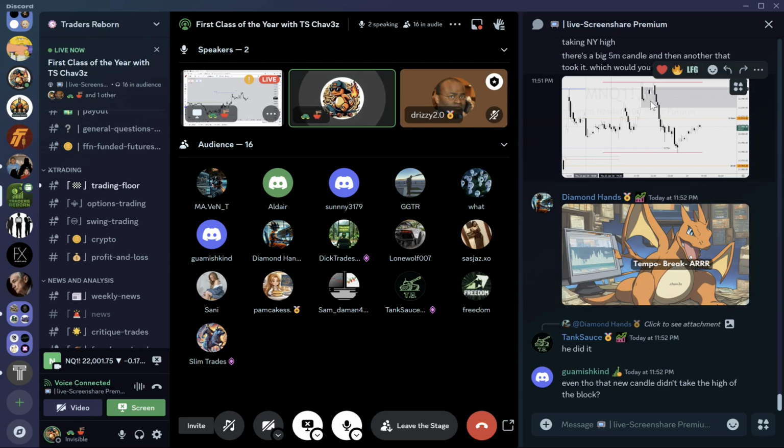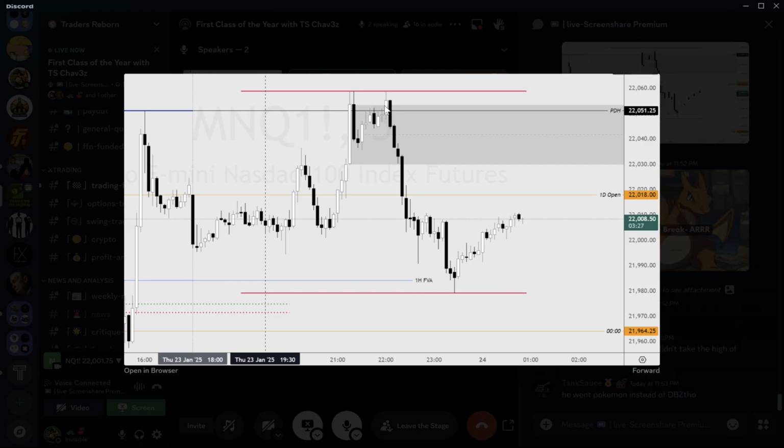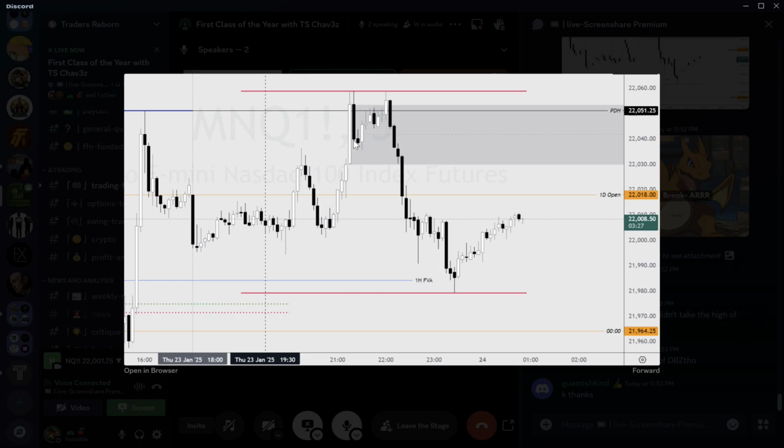Yeah, because that's the highest body. Remember, according to ICT, the bodies tell you the story, and the wick does the damage. When we're coming up and we want to respect that block, we don't want to see price close any more above that highest close. We want to see price reject the candle body.